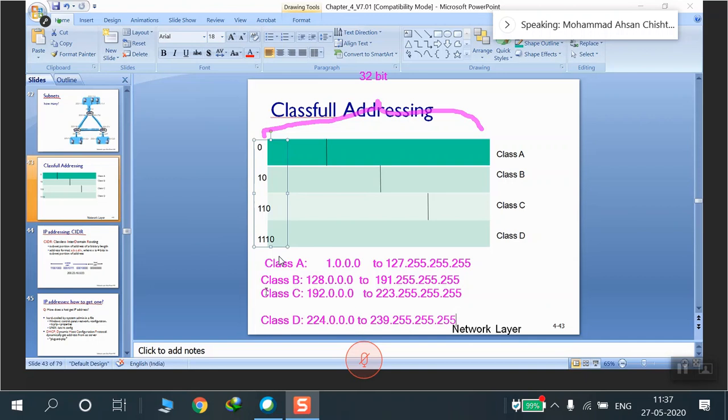However, the first bit is fixed as 0, so we would have 2 to the power of 7 networks available in class A. And the remaining 24 bits are for hosts, so 2 to the power of 24 hosts can be accommodated within class A. This is what we have as classful addressing.